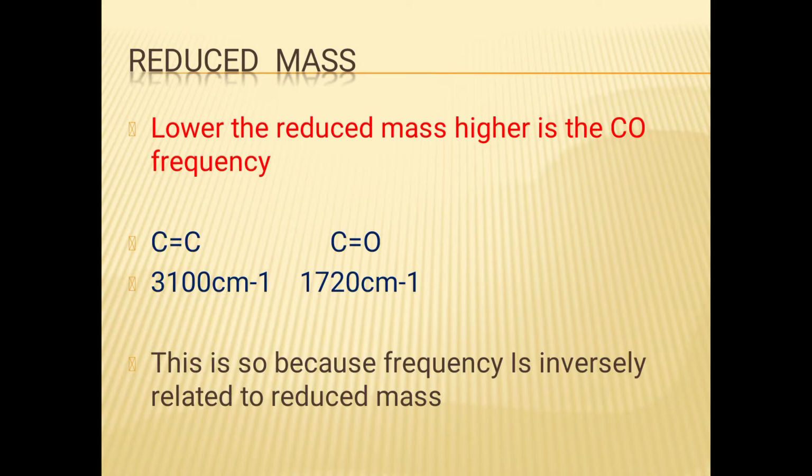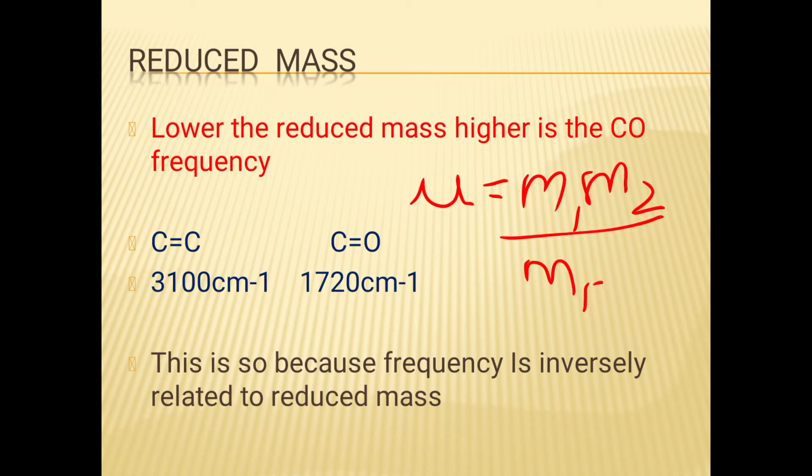So keep in mind that frequency is directly related to force constant k and inversely related to reduced mass. And I hope you know the formula to calculate the reduced mass. It is mu is equal to m1 m2 divided by m1 plus m2.